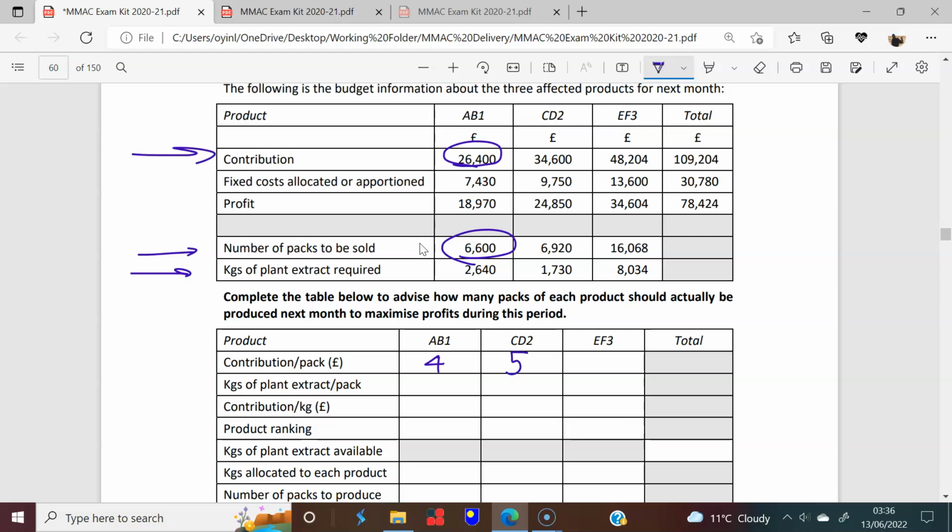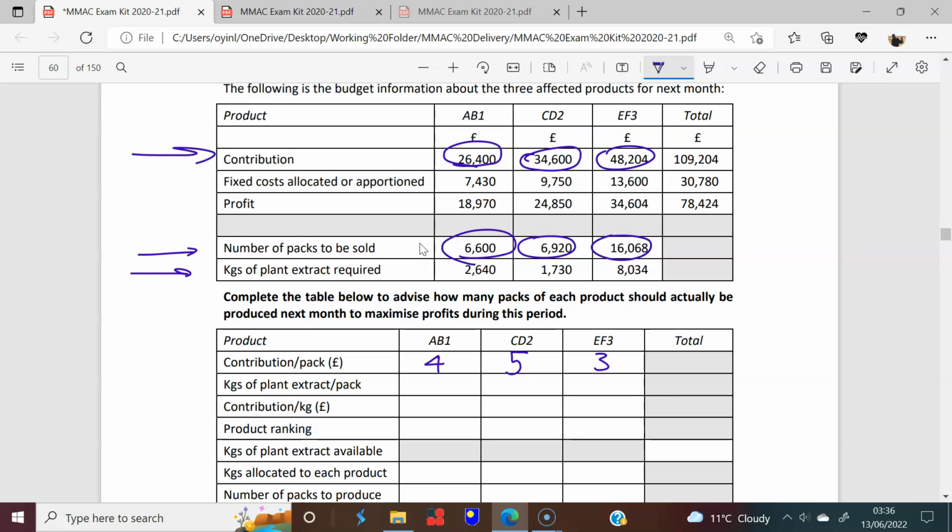And here you have 48,204 divided by 16,068, which is 3. So we can clearly see the different scenarios here. That's fine. Great. First thing.